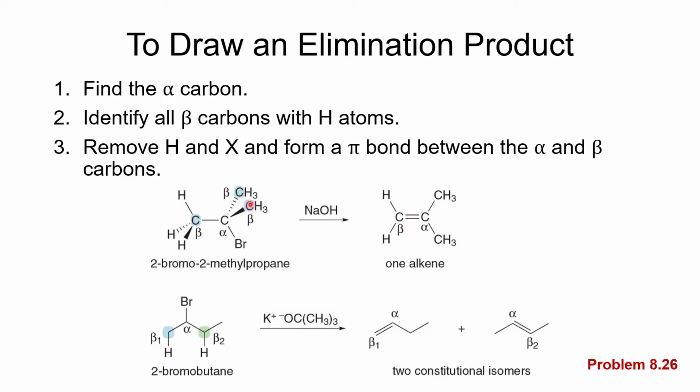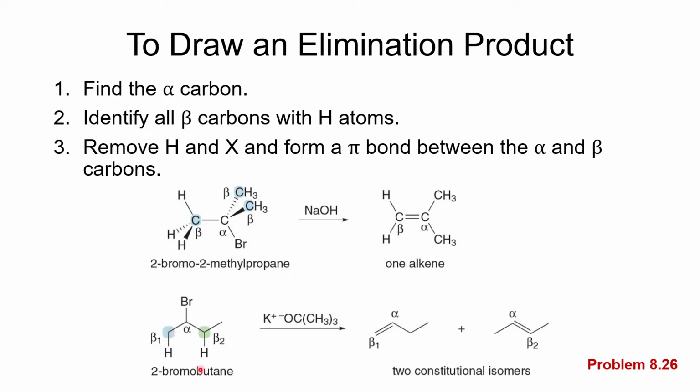You'll also notice that the 2 methyls are still there. Now, we didn't show the conjugate acid of hydroxide, that's water, and we didn't show the ions. That is common, that we just show the organic products and ignore the inorganic products. In this case, we've got potassium tert-butoxide as our base, which turns out to be a pretty good base.